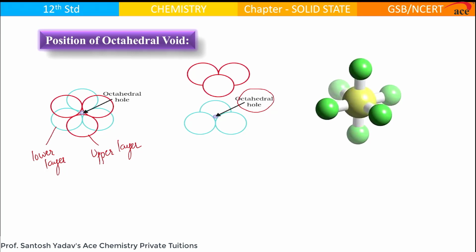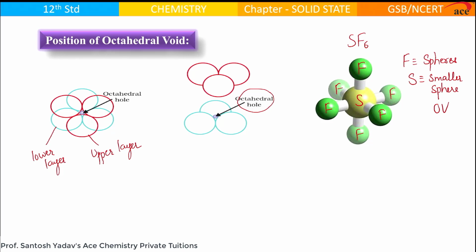How to imagine an octahedral void? Imagine SF6: sulfur, fluorine, fluorine, fluorine, fluorine and fluorine. Although fluorine is a smaller atom, in this case imagine fluorine as larger spheres. And although sulfur is a larger atom, imagine it as a smaller sphere, and that small sphere is nothing but our octahedral void.